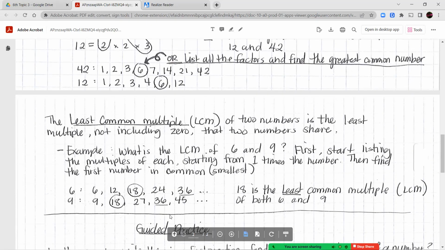And then for the 9, I would have 9 times 1 is 9, 9 times 2 is 18, 9 times 3 is 27, 9 times 4 is 36, 9 times 5 is 45, and so on.